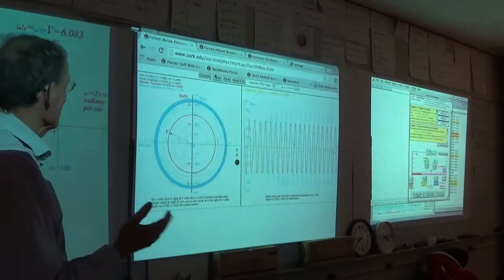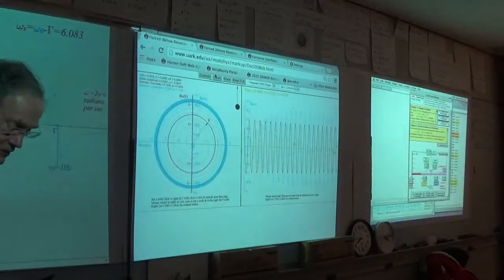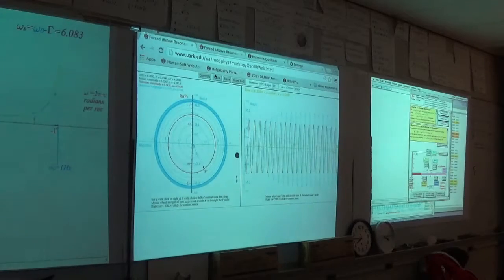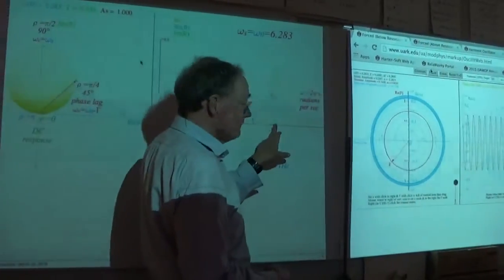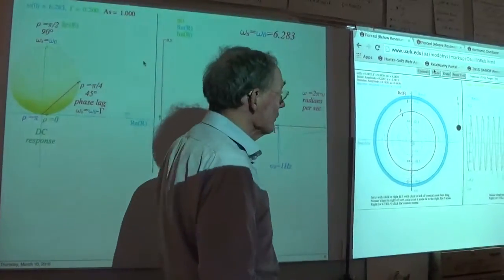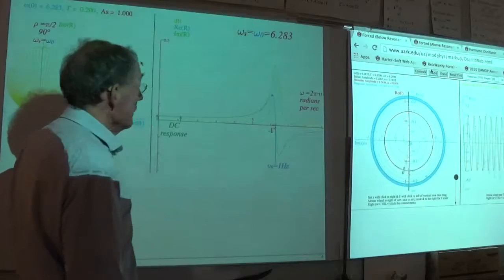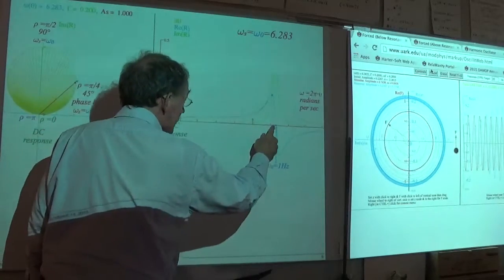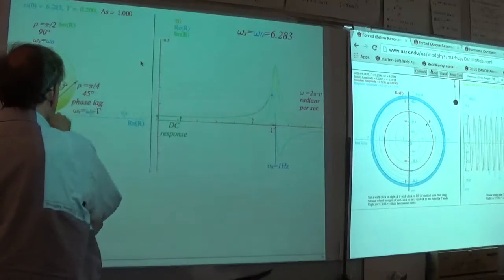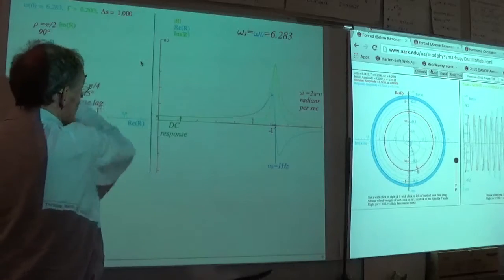Let's go look at the best case. That's the next one on the chart here for our review. 6.28, or 2 pi, okay? Right on. This is the resonance that will happen. Now, the one we just had came to this point right here on the phasor diagram.